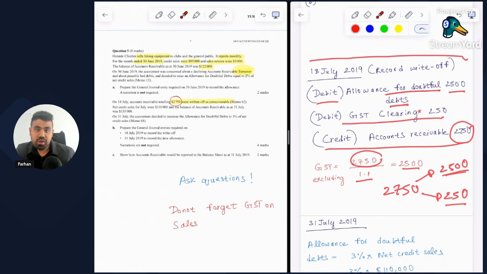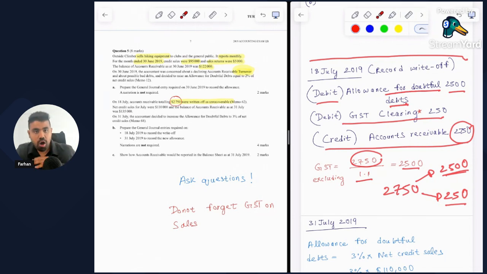Now, allowance for doubtful debts by default is a credit account, which means when it increases, we understand that the allowance for doubtful debts goes up, or we expect more bad debts in the future. Now that $2,500 has been confirmed by the accounts receivable, we can offset this $2,500 against the previously stored amounts that we had within the allowance for doubtful debts ledger account.